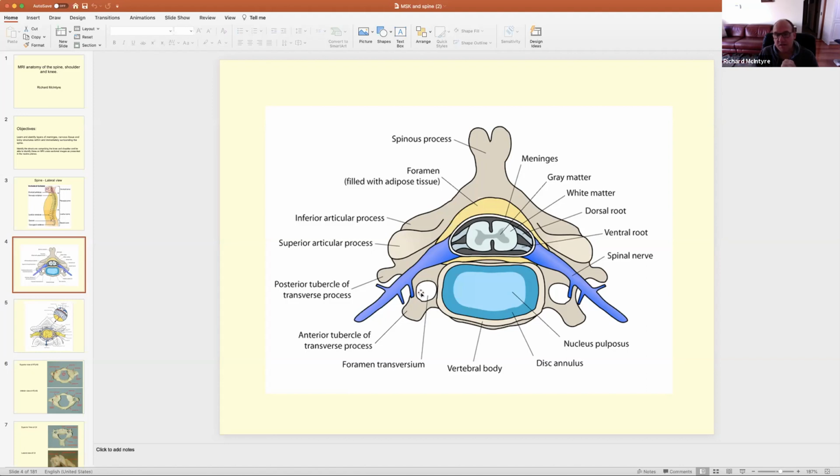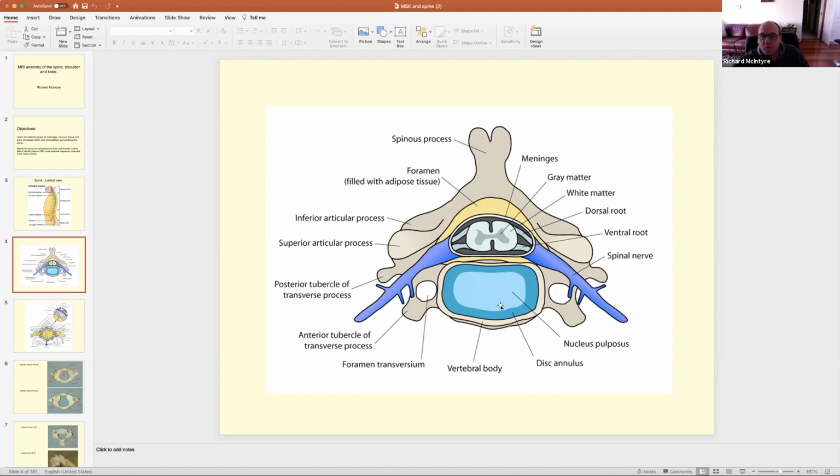So this is more indicative of a cervical spine vertebra. We've got the vertebral body and the disc annulus. The disc in between cushions the impact when we jump up and down, and we've got the nucleus pulposus, which is the middle of the disc that supports that impact.